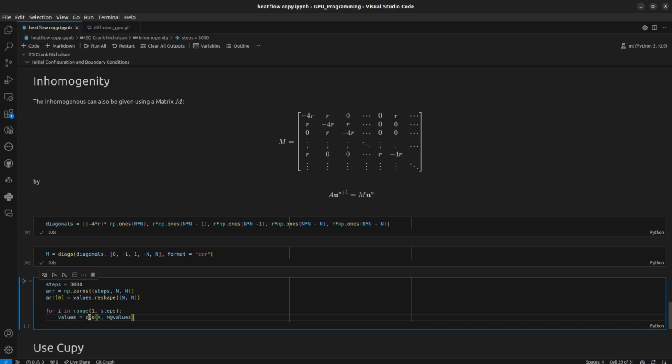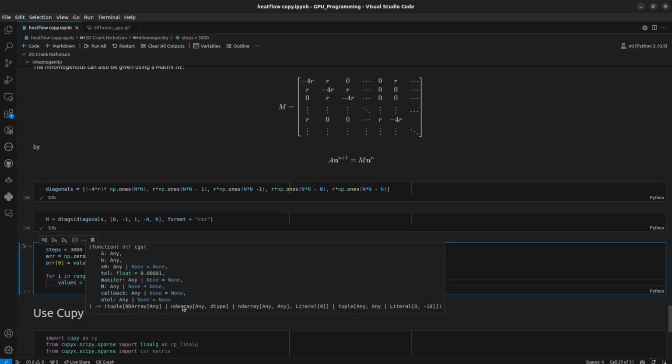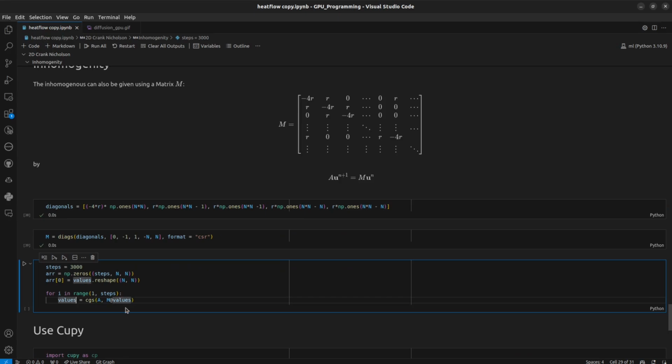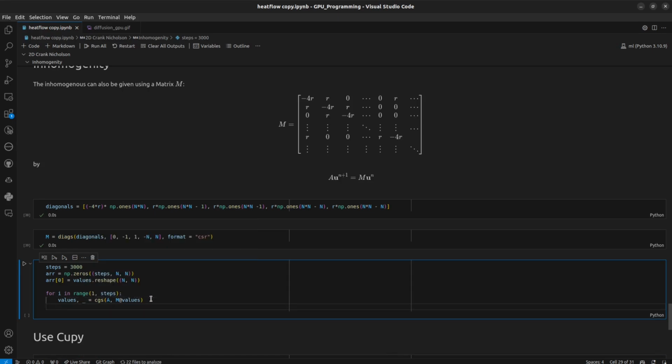It's going to give us a tuple, but only the first returned value is going to be important to us. So we directly unpack it and store it.